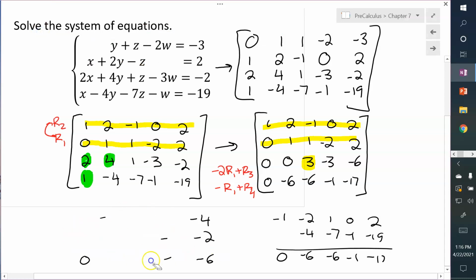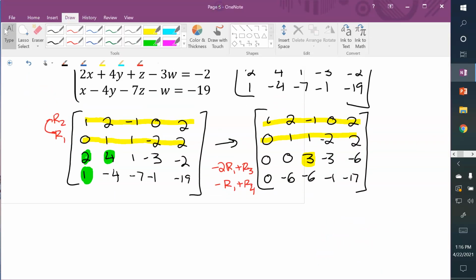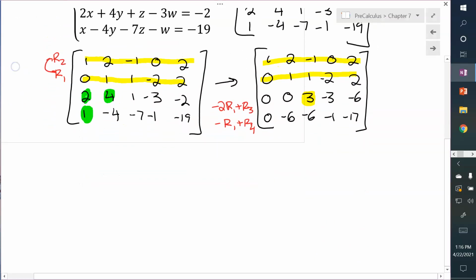I'm going to take these out of my way so I can work. Always need to make myself room to work. So I'm going to come down here, start my next matrix. And I said I wanted to multiply row 3 by 1/3 because that's going to divide out that 3.